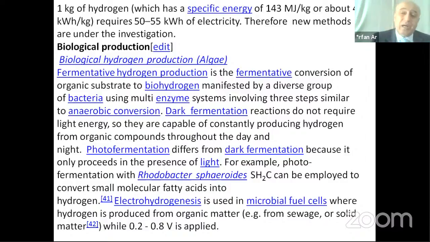Due to this high-cost purification process, hydrogen produced in this manner still cannot be competitive with fossil fuels.